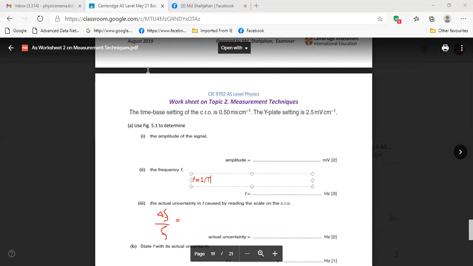On the right side, we write del T by T, because we have only one quantity, that is T. If we have more quantities, then we add them, plus another quantity. This way we can do.